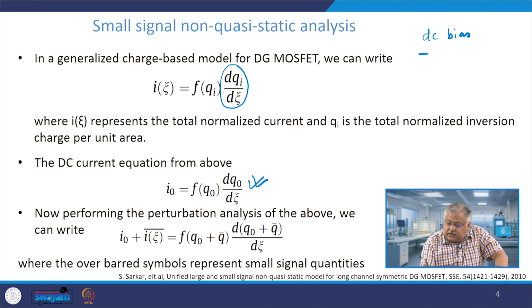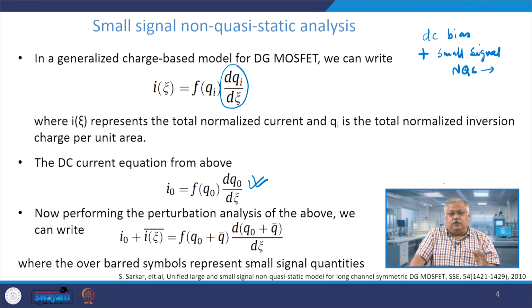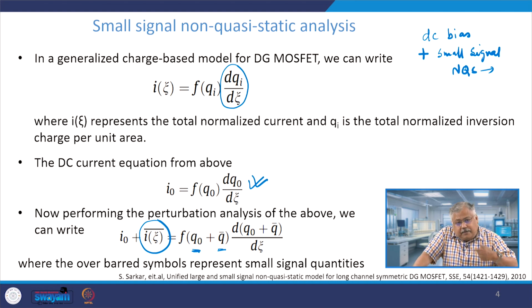I have a DC bias, and then superimposed on that I have this small signal NQS signal, and that gives you the average value to be equal to this I bar which you see here, and that gives you what? Q0 is the DC value of the charge plus Q bar is the average value which happens because of these small signal quantities. And on the left hand side, you can also write this as dQ plus dQ bar, correct. This gives you the effective value of the total charge which you see.